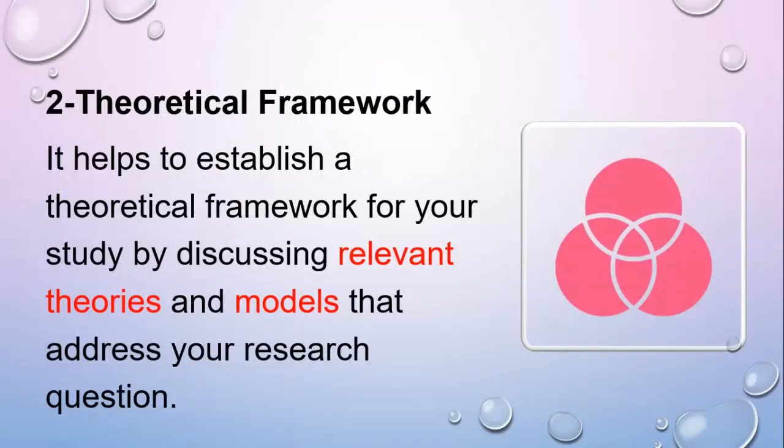Conducting a literature review helps us establish a theoretical framework. I mean the relevant theories that you want to employ in your study, the models that you want to follow, and how to address your research questions. So one of the purposes of conducting a literature review again is establishing a theoretical framework for the study.